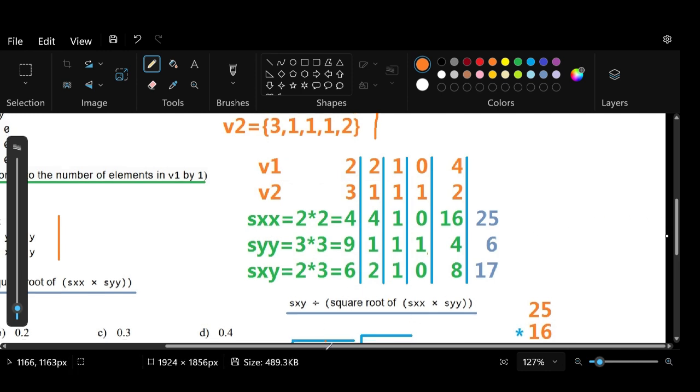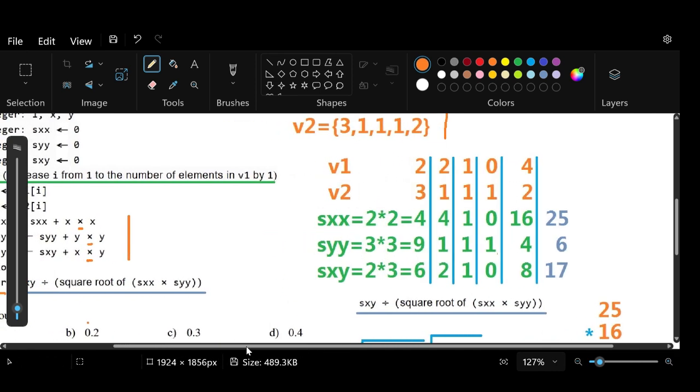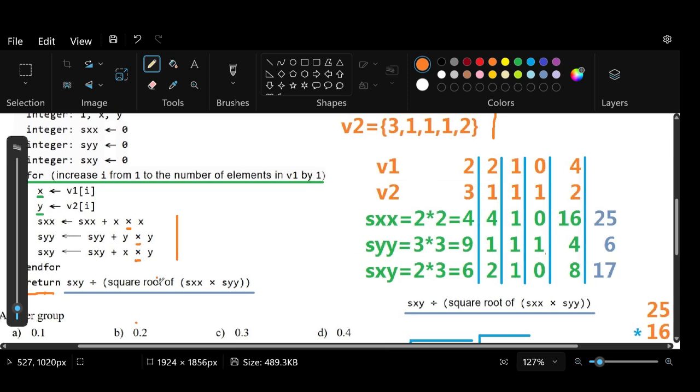Given the rules, for the first row, SXX, we need to multiply the values of x. And we know that the value of x is vi at a given position. We start off with the first position. Multiply that, therefore 2 times 2 gives us 4.